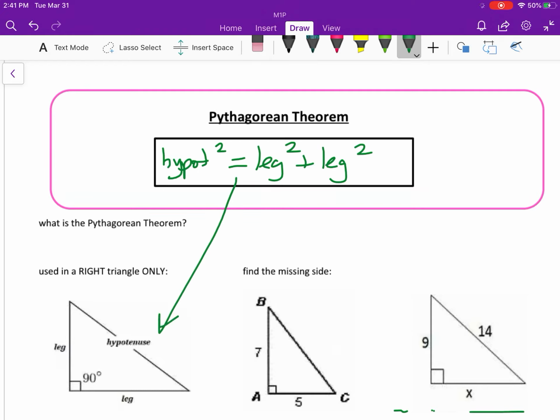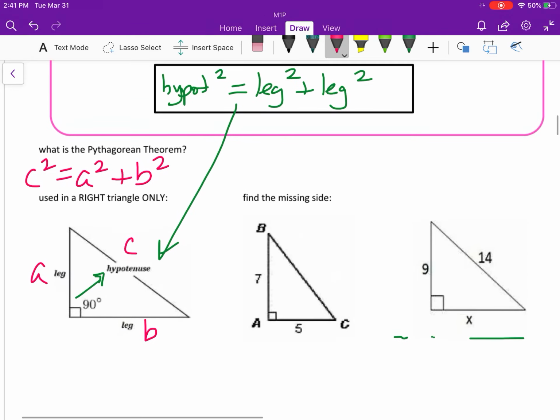You can see here in a right triangle, the side across from the 90, or the long side, is the hypotenuse, and then the other two are legs. Okay? The actual Pythagorean theorem itself is c squared equals a squared plus b squared. Again, c being the hypotenuse, and then a or b being either leg.